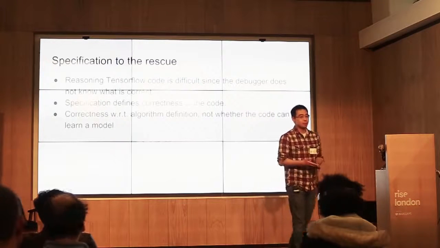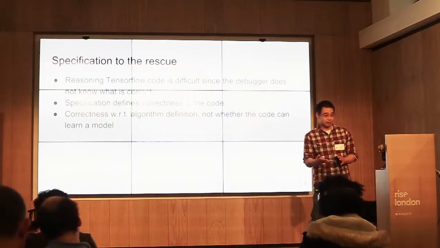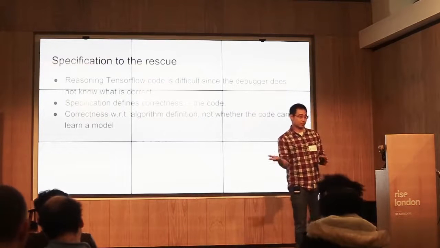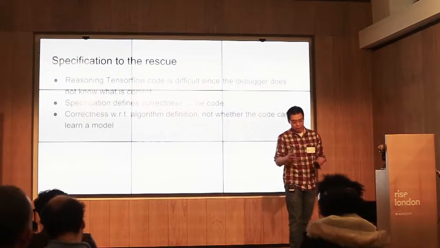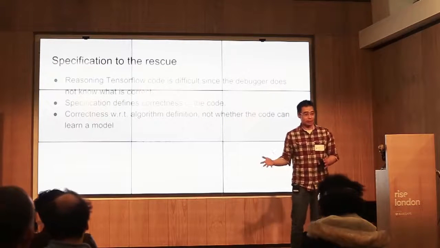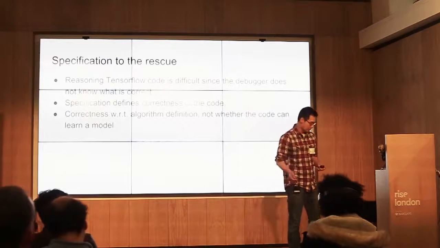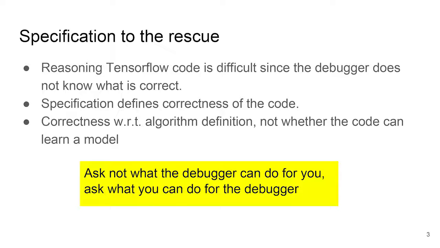That is dealt with by standard machine learning practices, like, for example, plotting the loss curve in training and testing, doing cross-validation. And so, in order to effectively debug your TensorFlow code, you need to have specifications.